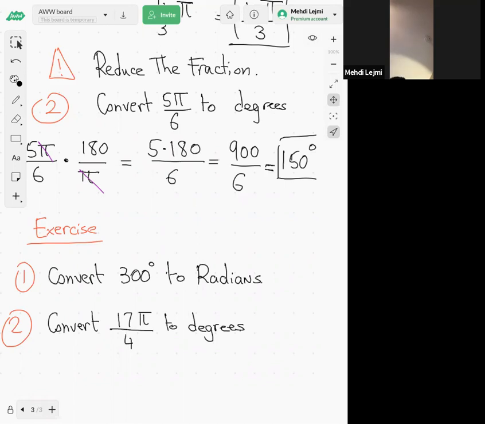All right, guys. So what would be 300 degrees in radians?